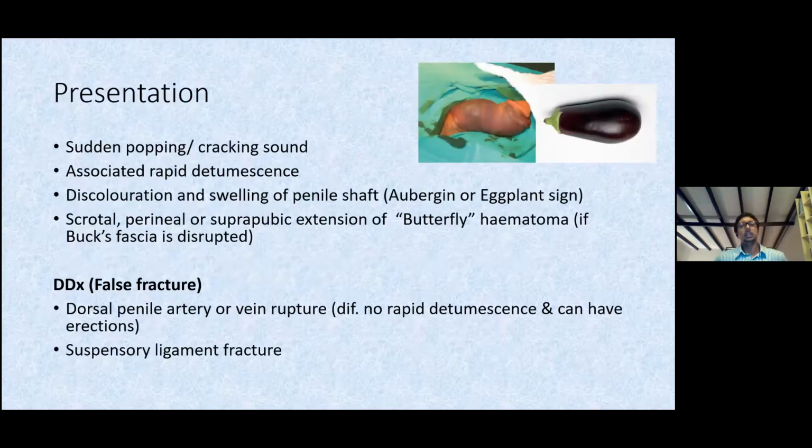Regarding presentation, the classic presentation is a sudden popping or cracking sound with sexual intercourse, along with rapid detumescence.